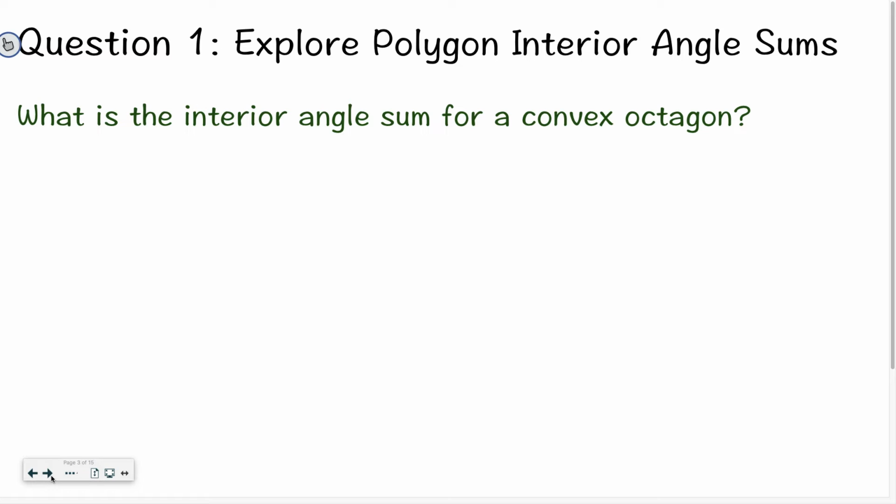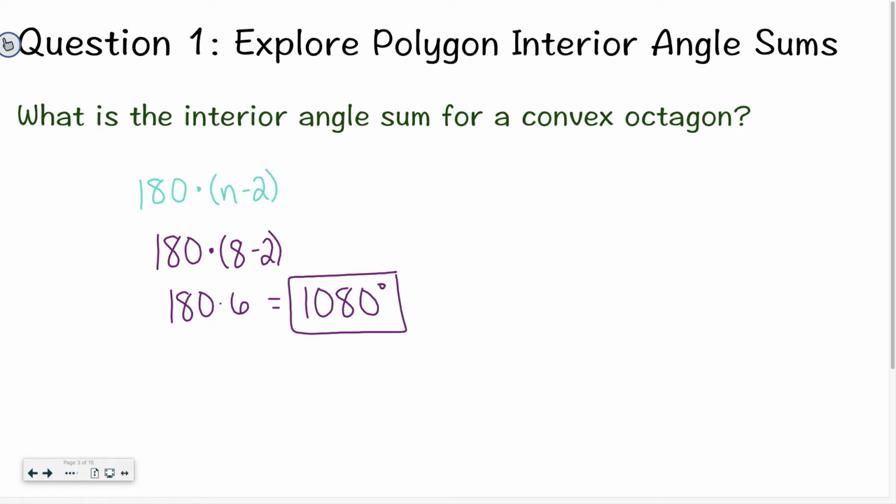I want you to use that idea, 180 times n minus 2, to solve this problem on your own. What is the interior angle sum for a convex octagon? Remember, octagon has 8 sides. Hopefully when you plugged 8 into this formula, you did 180 times 6 because you combined that 8 minus 2.